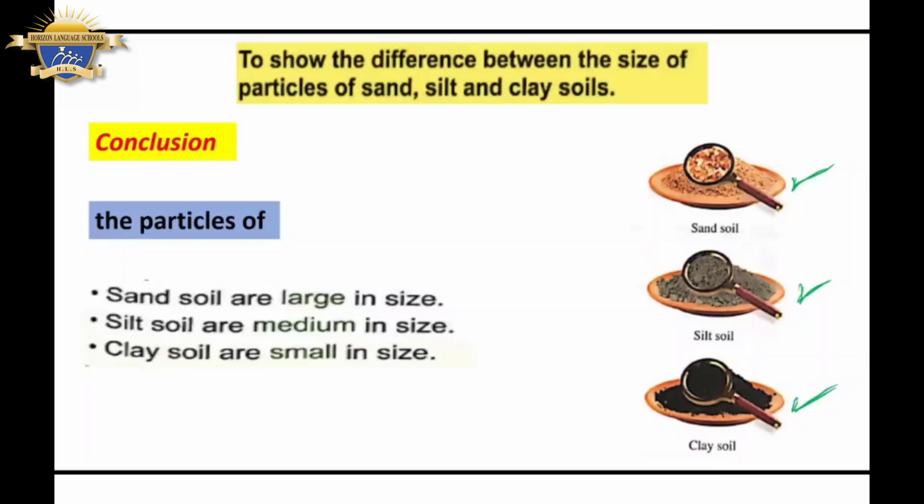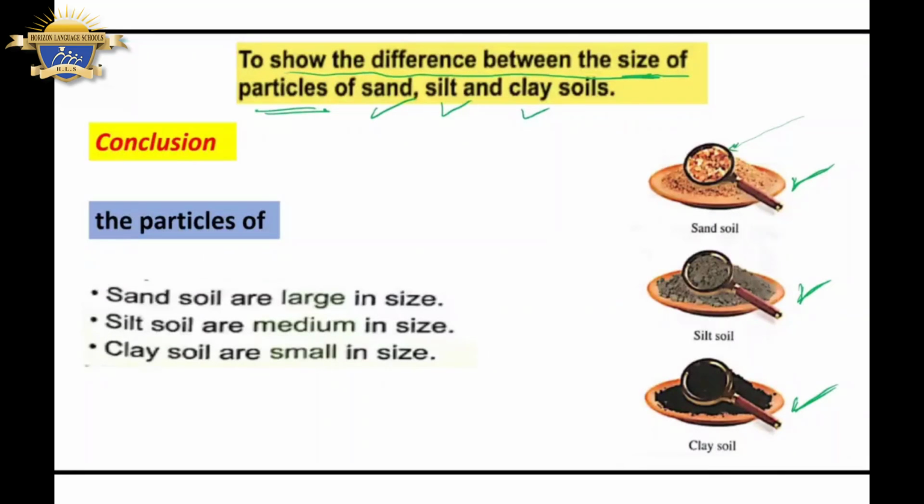First, we will show the difference between the size of particles of sand, silt, and clay soils. Let's see what we're going to do. First, bring 3 equal samples of sand, silt, and clay soils. Spread out each sample on a white paper or a plate.